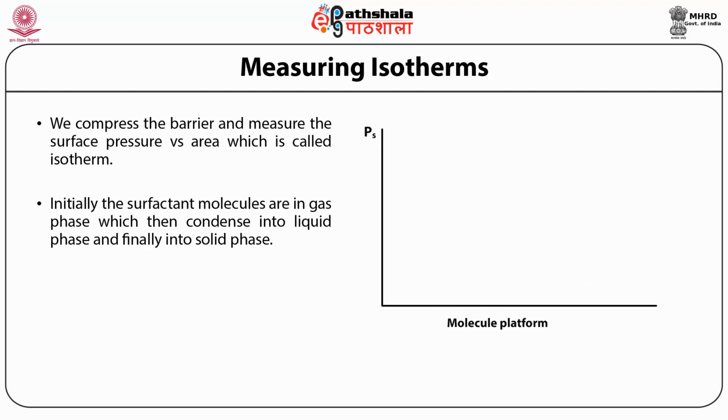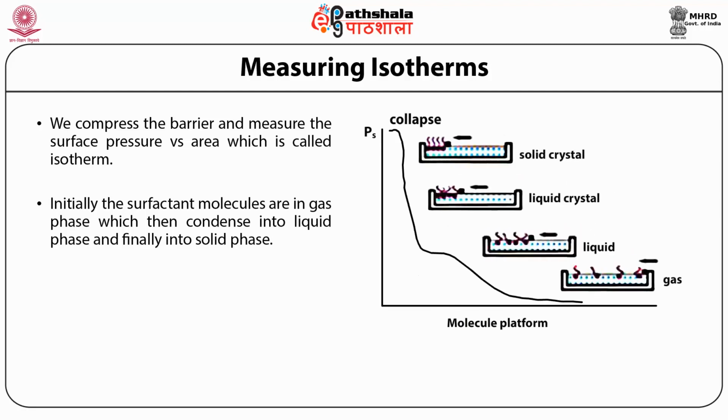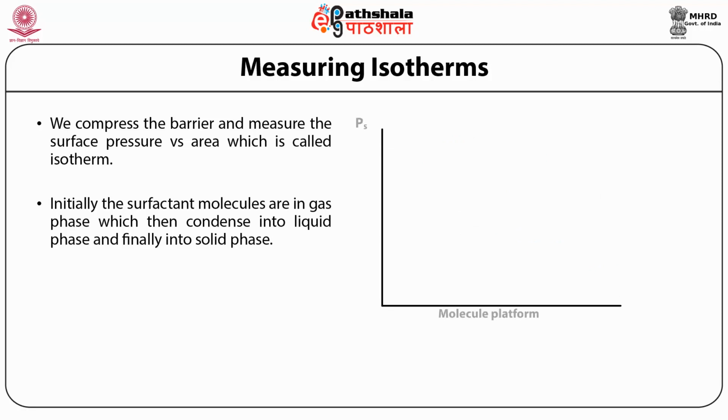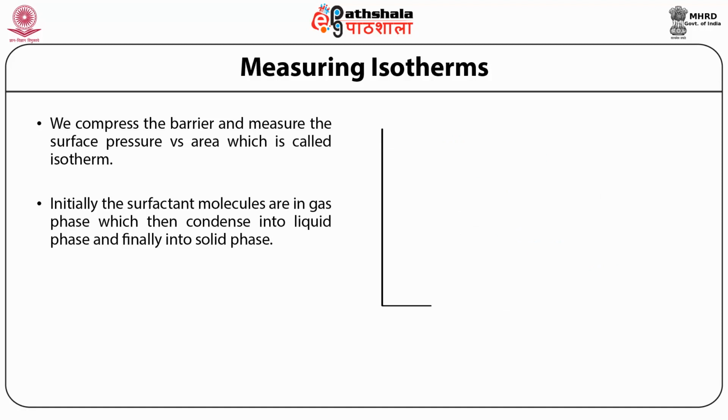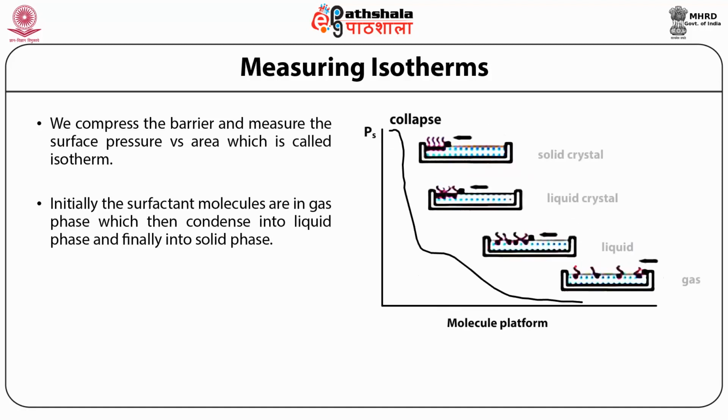Naturally these molecules will come together, and this diagram plots the molecular area and the surface pressure on the y-axis. As we reduce this molecular area, we can see that the surface pressure is very low. So they are in a gas phase. When they begin to interact, you can see the slope rise.